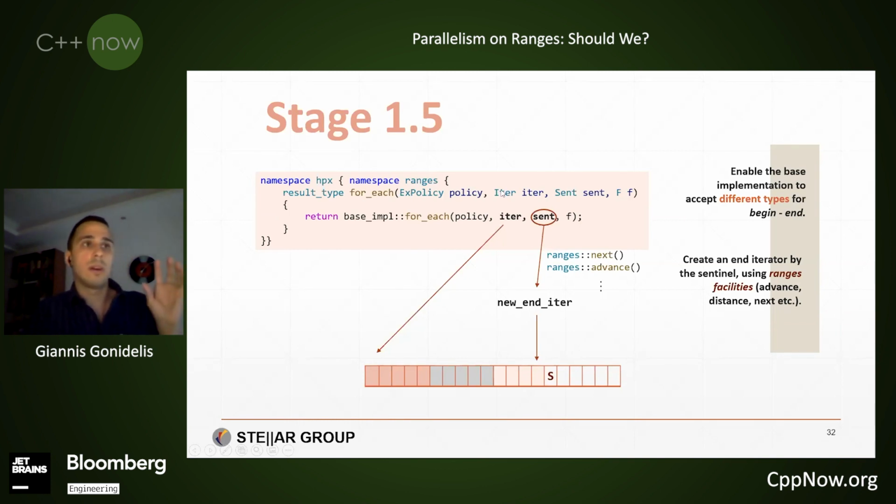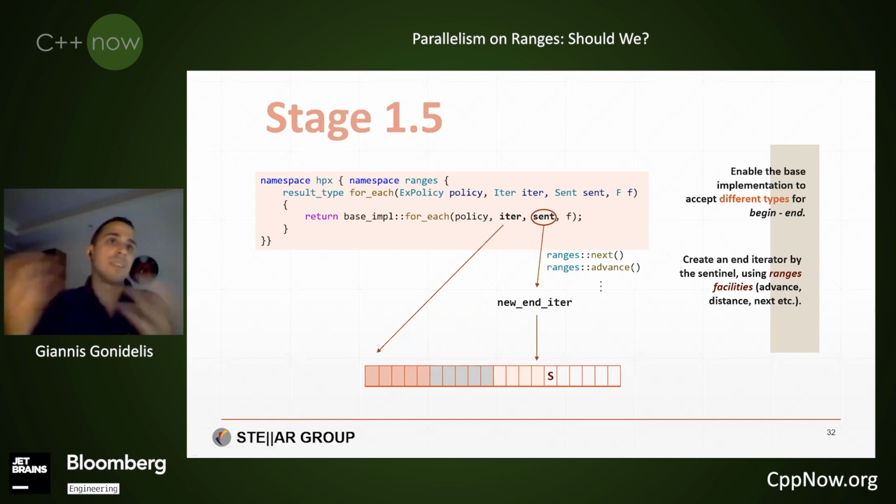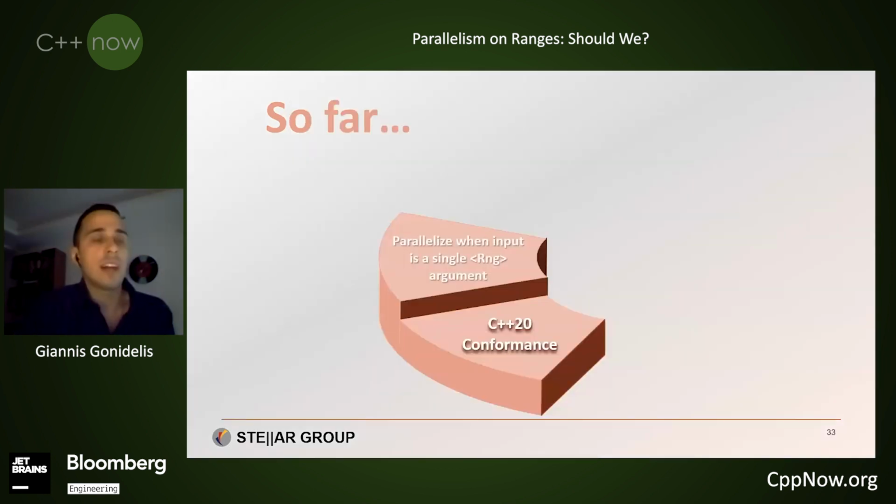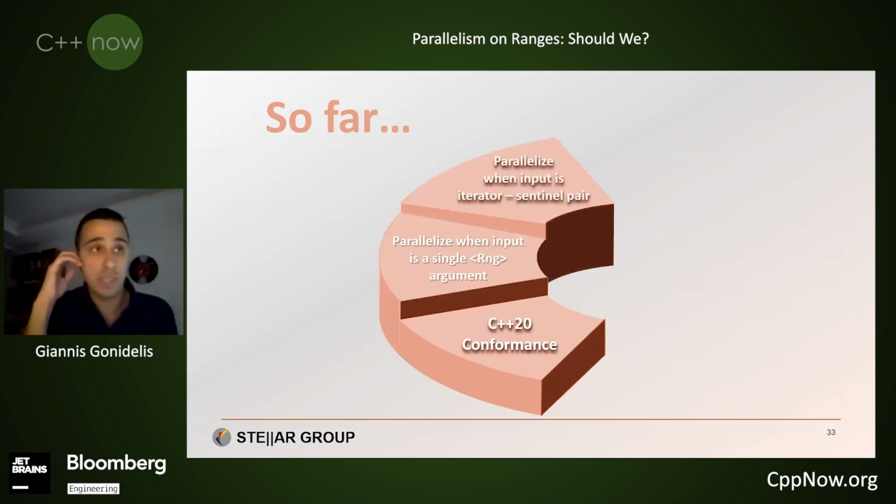Supporting different types is broader than supporting the same types. This base implementation would work fine with a single range input. So we've solved that in HPX. We have achieved that with whatever algorithms we have adapted, and we will achieve it, of course, until September.